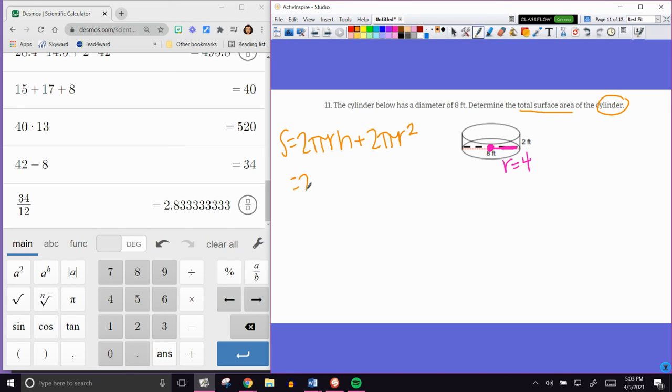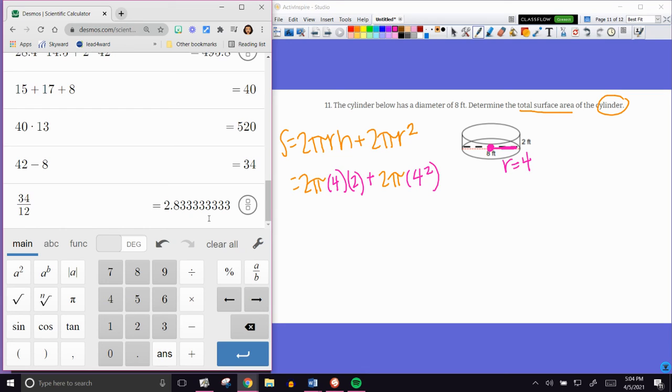So I have 2 times pi times my radius, which is 4. And my height, I can see that distance between the two circles is 2. Plus 2 pi, and we just said radius was 4 squared.